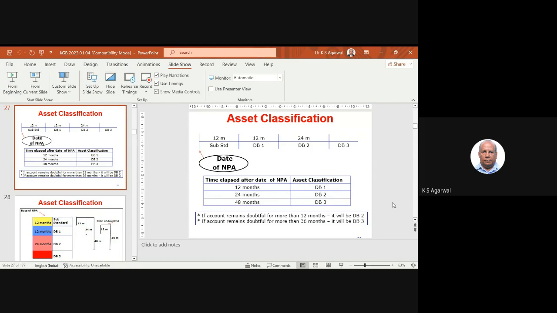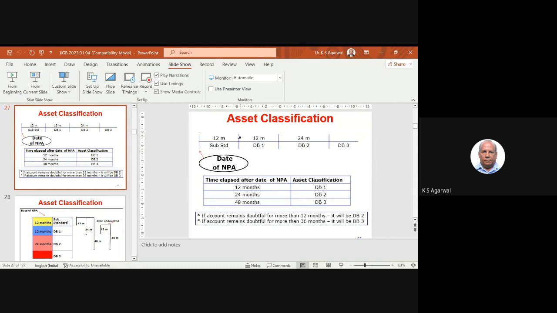So the question can be put in various ways. If from the date of NPA, 12 months have passed, then what will happen? You will reach here, so this will become doubtful 1. If 24 months have passed, then we will reach here. It will become DB2. If 48 months have passed, it will become DB3. The question may be framed in various manners.